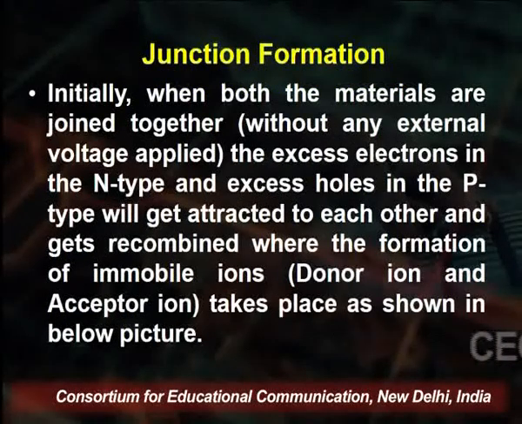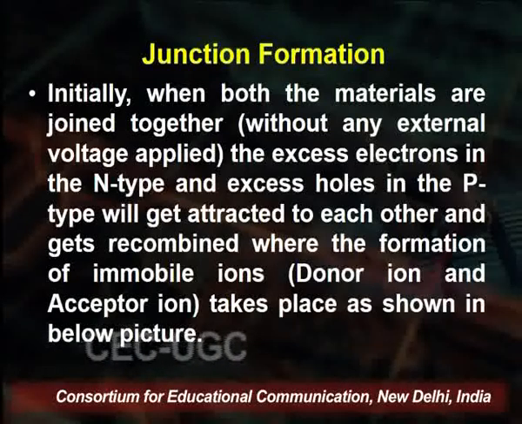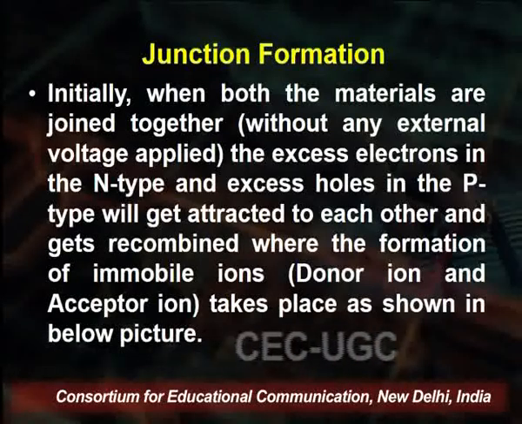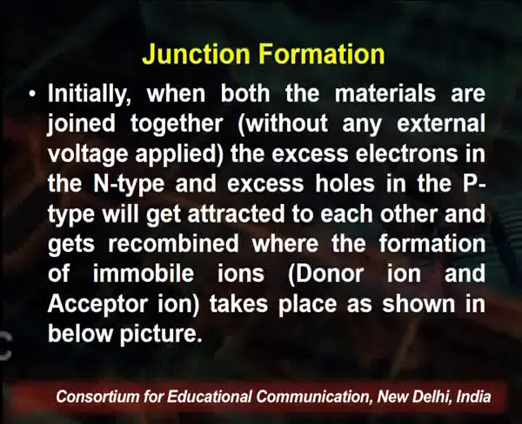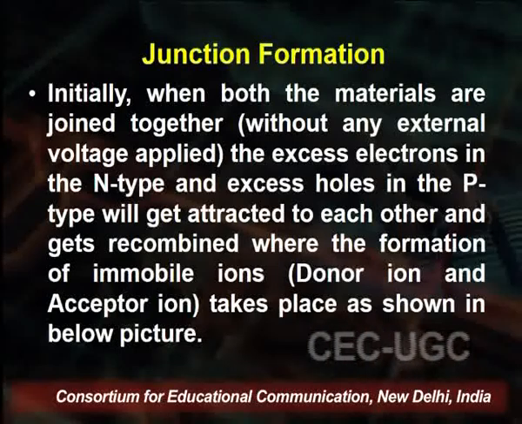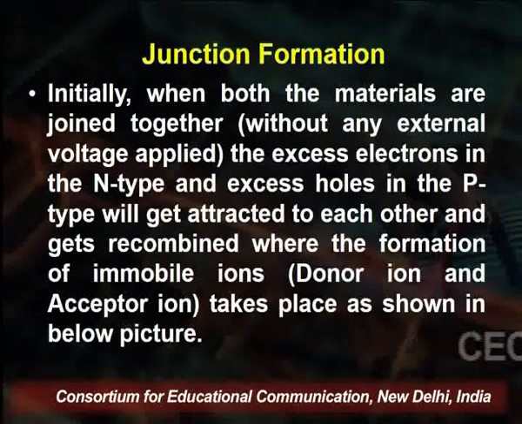Initially, when both the terminals are joined together without any external voltage applied, the excess electrons in the n type and the excess holes in the p type get attracted to each other and recombine, where the formation of immobile ions like donor ions and acceptor ions takes place, as we have in the figure.